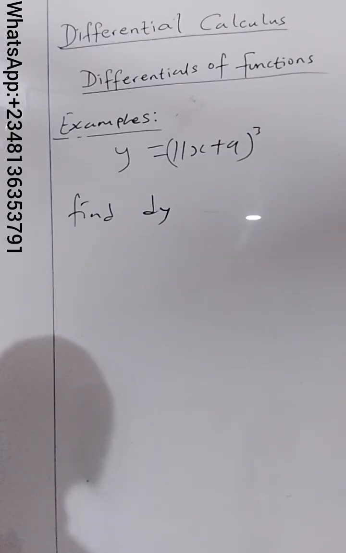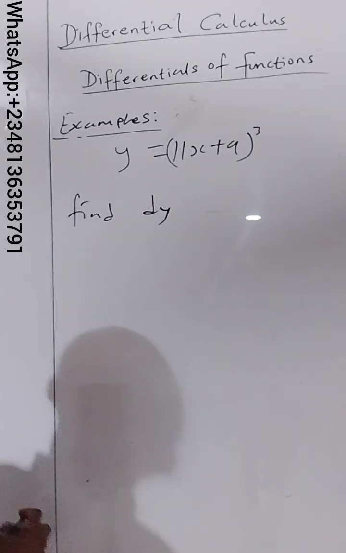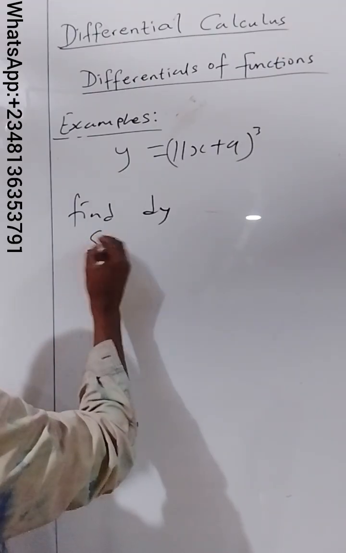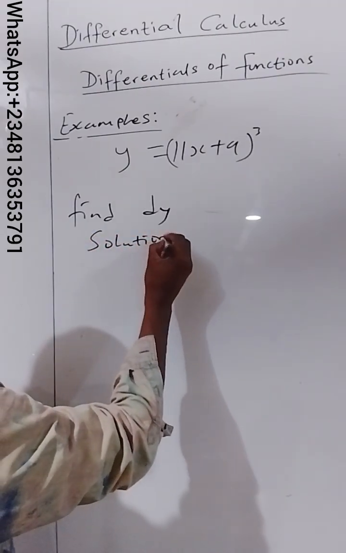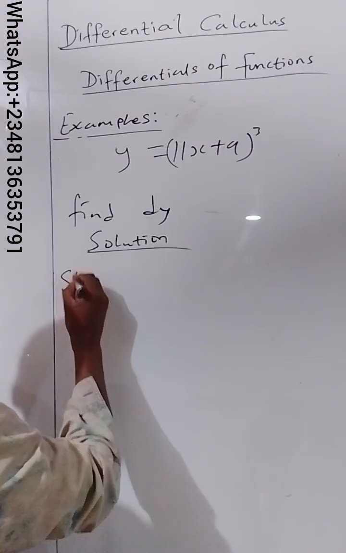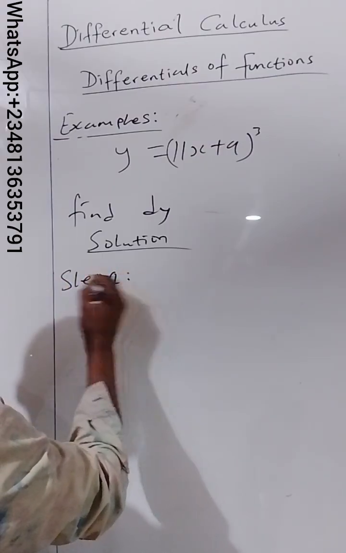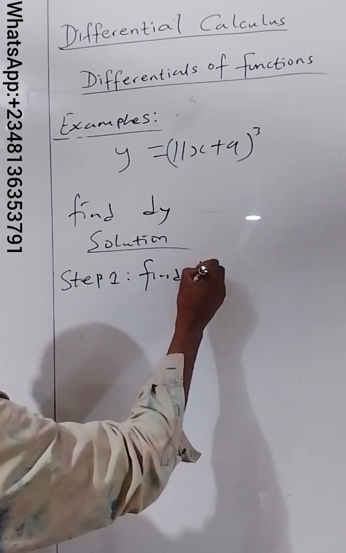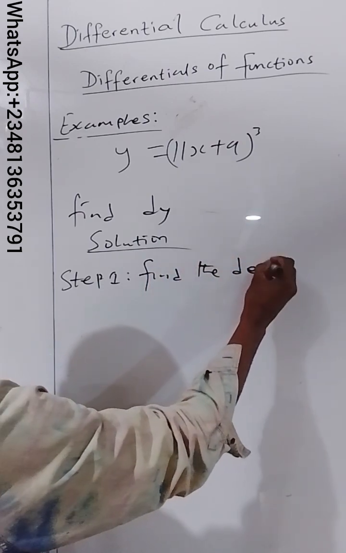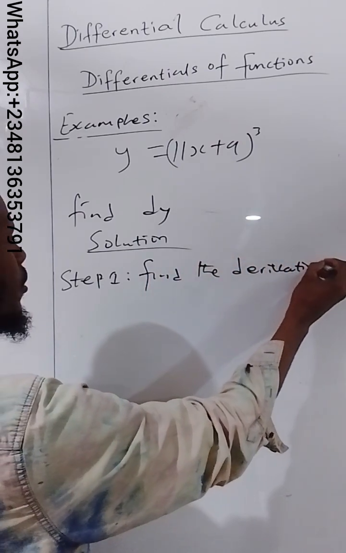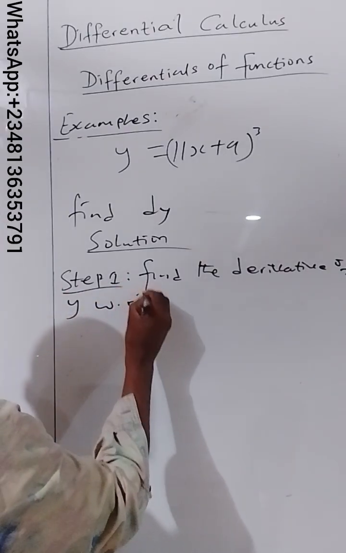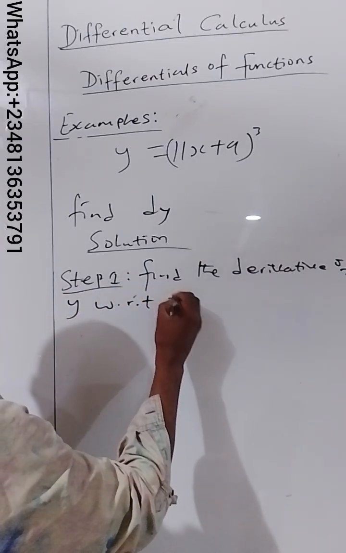So we want to find dy. How do we find that? It's very simple. So, solution. Don't forget the first step is to find the derivative, that is, define the derivative of y with respect to x.